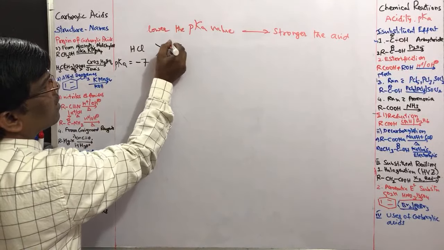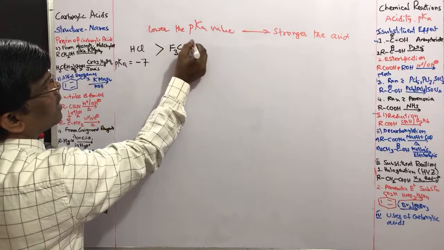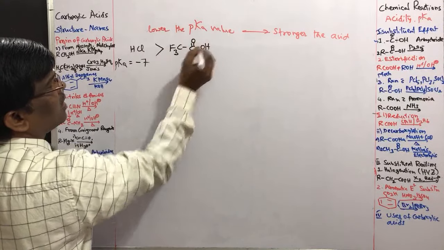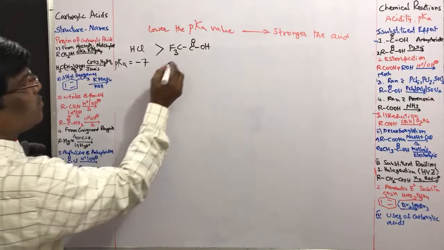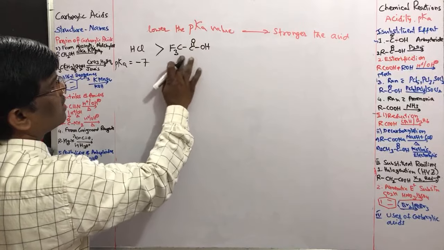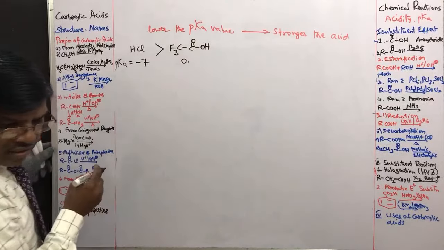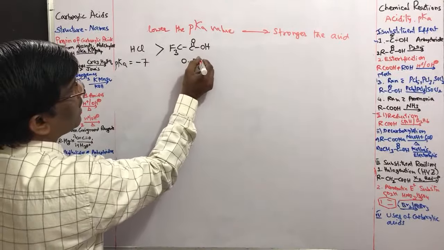For the carboxylic acid trifluoroacetic acid, its pKa value is 0.23.